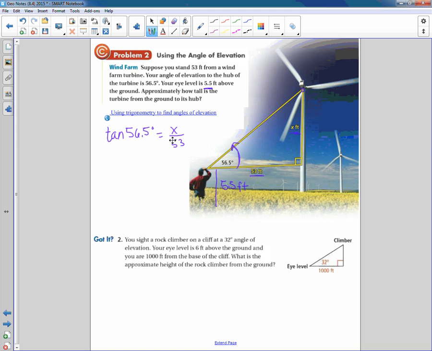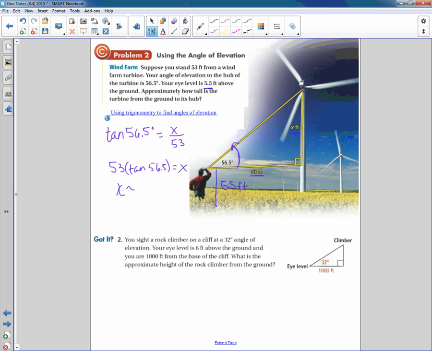So in my calculator, I'm going to say 53 times the tangent of 56.5. Okay, so I said 53 times the tangent of 56.5 equals x.